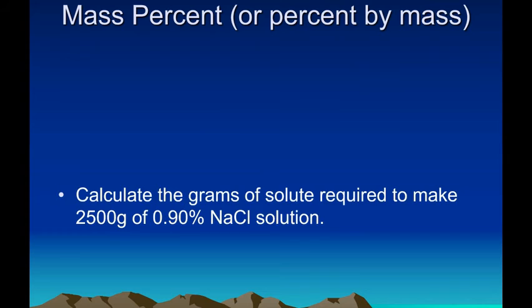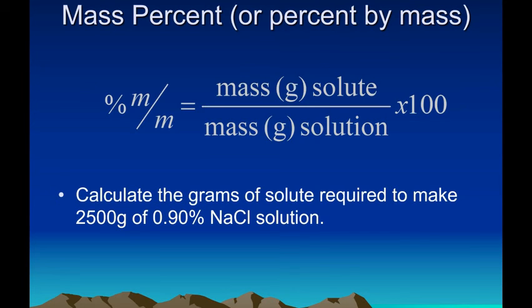Now, looking at mass percent, if you remember when we've talked about percentage, percentage is a part divided by a whole times 100. Percent per 100. Okay. Calculate the grams of solute required to make 2,500 grams of a 0.90% solution. So, percent solution, percent mass divided by mass.